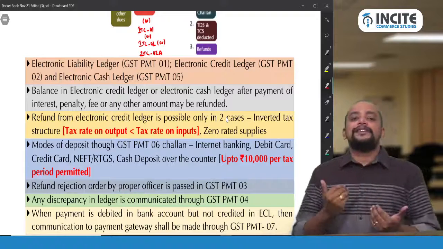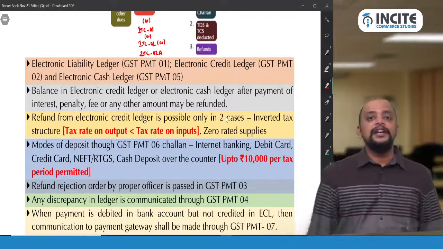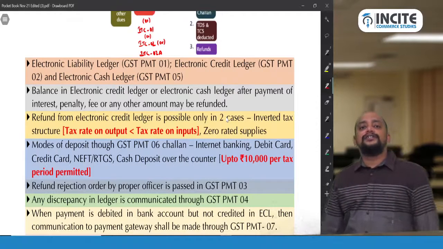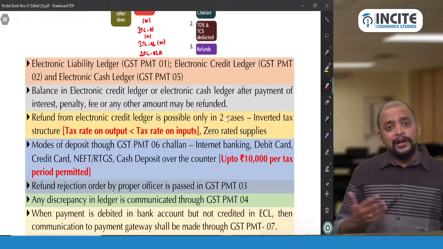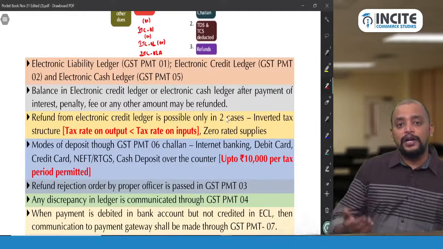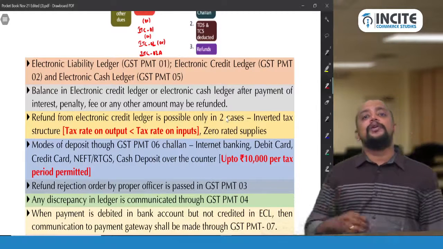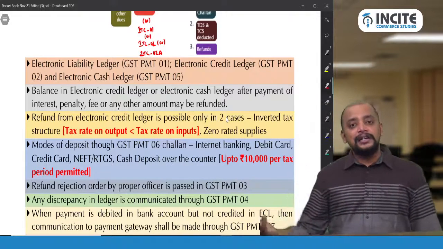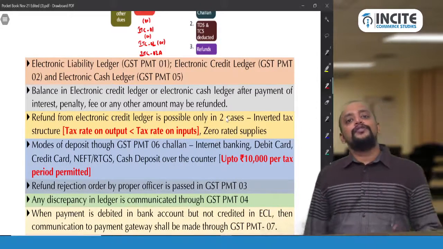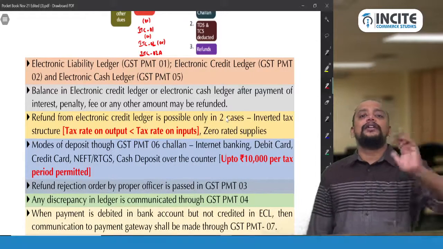Say, for example, we are eligible for a refund of 1,20,000, but the balance in the electronic credit ledger is only 80,000. We will not get 1,20,000, we will get only 80,000 as refund, because whatever refund is sanctioned out of the electronic credit ledger is debited to the ledger, and the ledger cannot go negative. So whatever refund you get is subject to the balance in the electronic credit ledger.